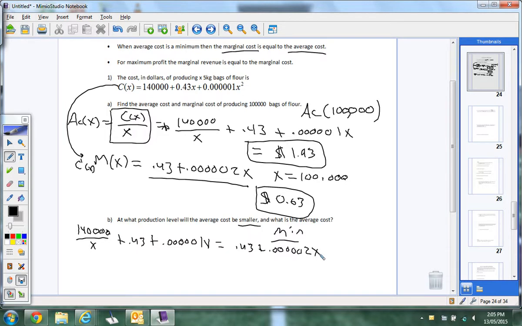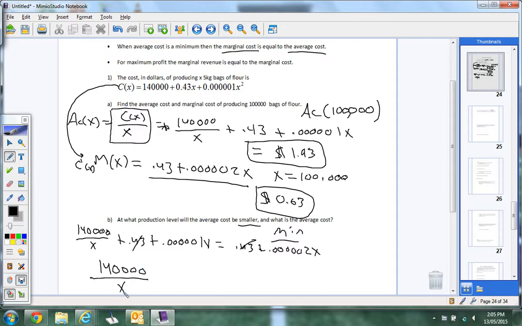Okay, so I set them equal to each other. And then we can just solve. So when we solve, if I move the 0.43, you'll see they'll cancel. I can subtract this over to here. Just solving for x is all I'm doing.